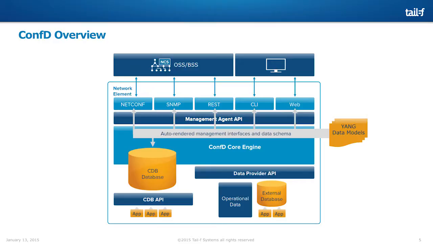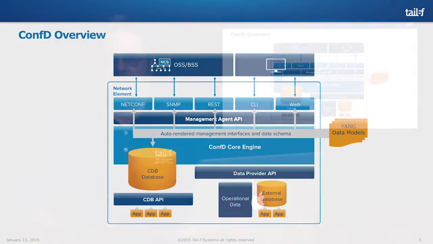Probably the most visible thing is what we call the auto rendering of the management interfaces. You can write a Yang data model, start up ConfD, and immediately log into a Cisco CLI, a Juniper CLI, use netconf, etc., interact with data stored in the ConfD database without having written any software through that interaction.